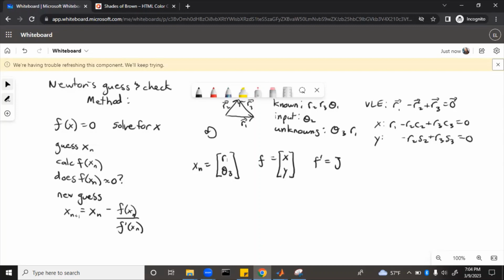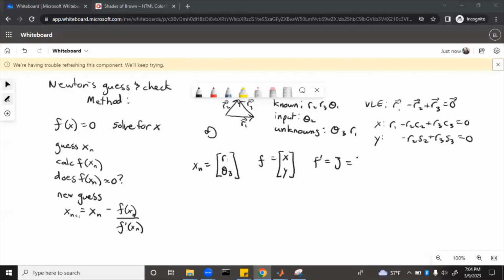And from our previous video, we know that the Jacobian is going to be just a partial derivative matrix. So we will have the X and the Y components here, and the R1 and the theta 3 components here. So J is going to be a 2 by 2.